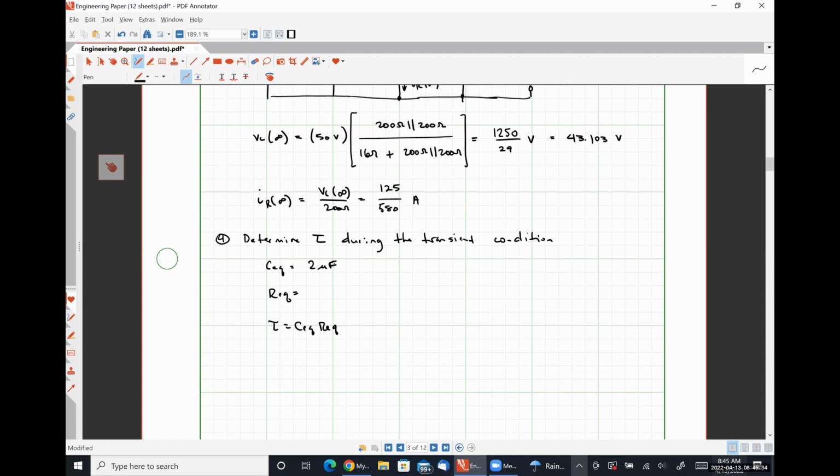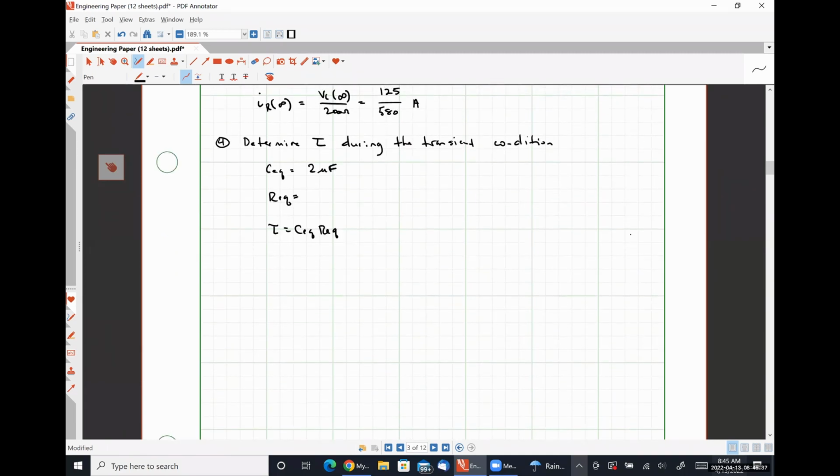All right. To find our equivalent resistance, I'm going to go through this very meticulously because this is a place I see an awful lot of mistakes. We're finding the Thevenin equivalent resistance as seen by our energy storage element. So anytime we're finding a Thevenin equivalent resistance directly, we need to be dealing with a dead network, which means that both of our independent voltage sources in this circuit need to be turned off.